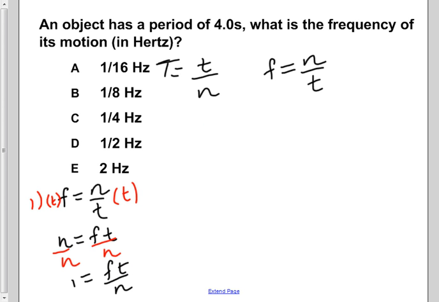Then, given that we have 1 is equal to the frequency times the time over N, we're going to divide both sides by frequency, so multiply by 1 over F on both sides.